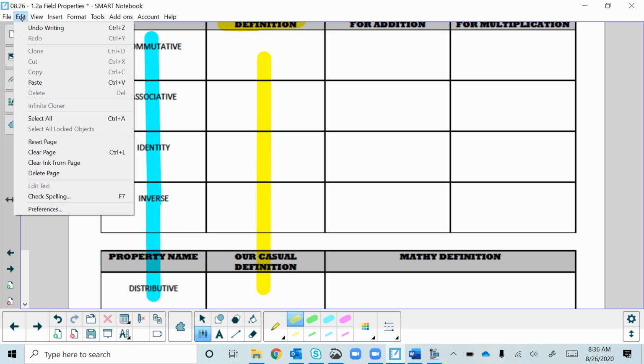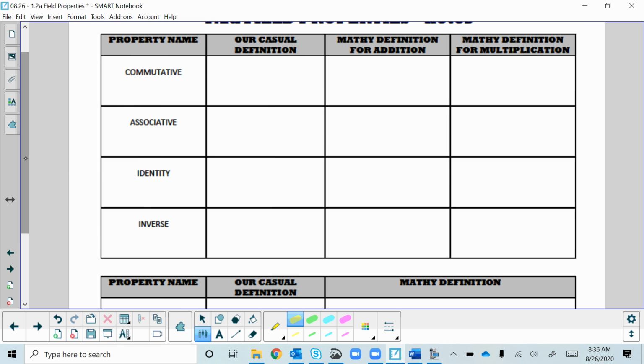All right, here are some casual definitions that I collected from students in the past. For commutative, it means to exchange, to change something out, to commute it.